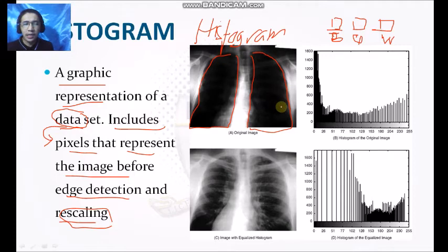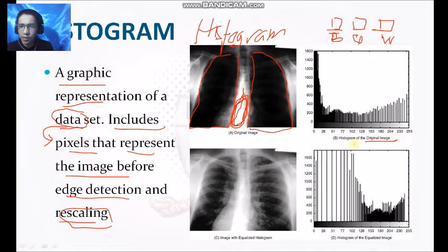If the structure absorbs a lot of X-ray, that means little X-ray is allowed to interact with the phosphor layer, the imaging plate, and it would appear as white. For example, in the center it is very white because little or almost no X-ray reached the image receptor.